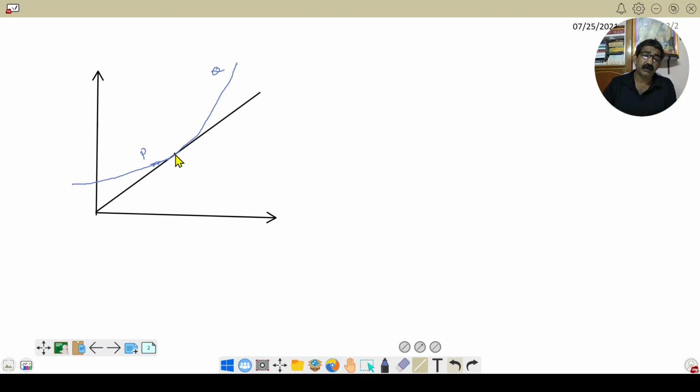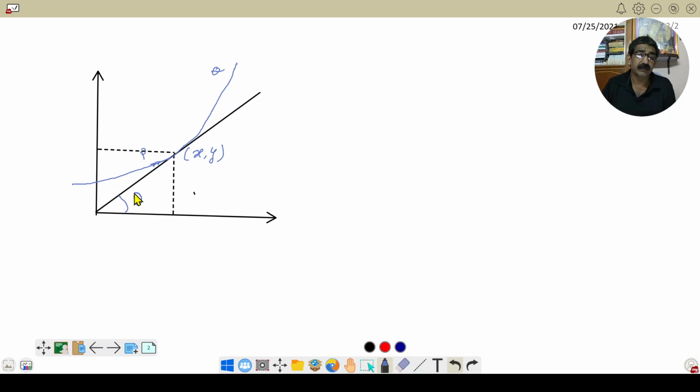Suppose this point corresponds to X and Y. Previously this was point P. So at the coordinate X, Y, we have drawn the tangent.